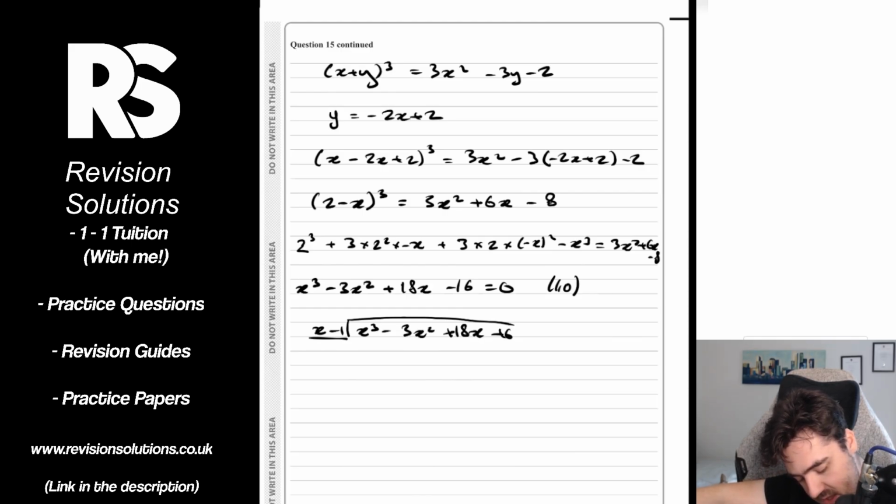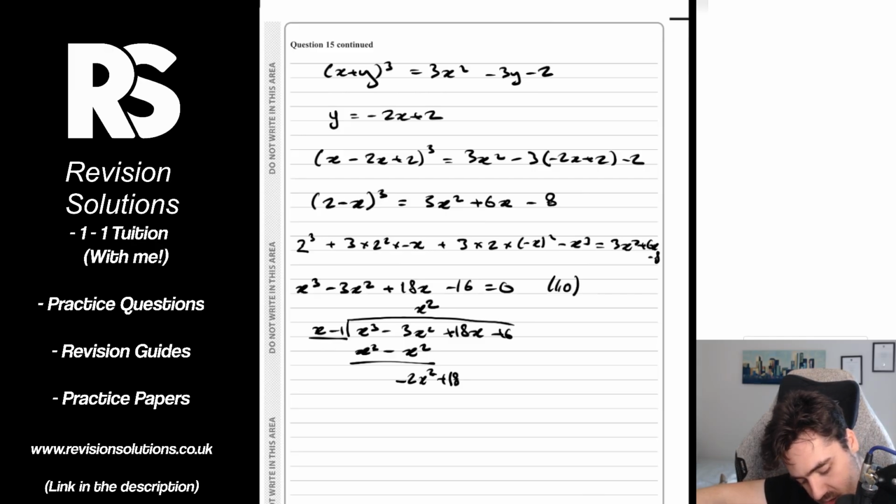x cubed divided by x is just x squared. x squared times through the x minus 1, we get the x cubed back, and then minus x squared. Then minus 3x squared, double minus an x squared, that's minus 2x squared, plus an 18x, bringing that down.